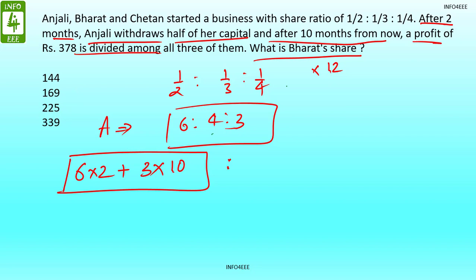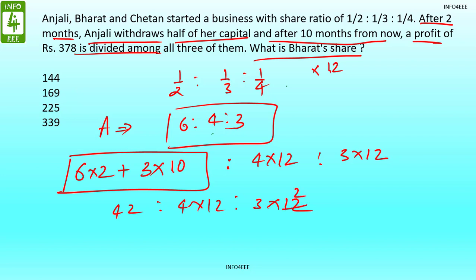Now for the Bharat, he was there with the whole 12 months, and the Chetan was there also for whole 12 months. So if you solve this, 30 plus 12, 42 is to 4 into 12 is to 3 into 12. You can divide this with 6. So this is 7 is to 8 is to 6. So this is the ratio.